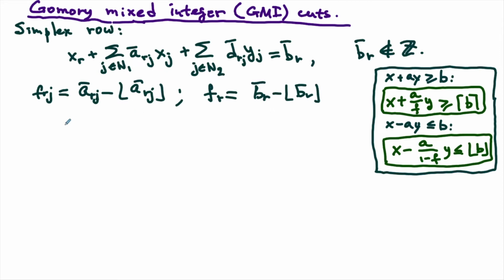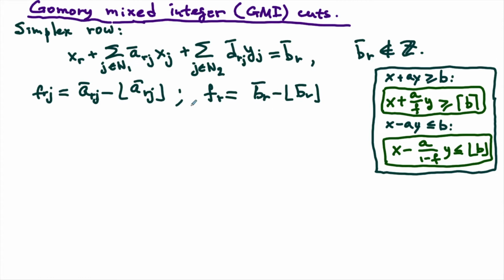Okay, so if we work just like we did before with the Gomory cut, then we would round down the coefficients for xj, and then to take care of the continuous part, here we copied the 2 interesting cases from the previous slide, and we are going to use these formulas to address the continuous variables.